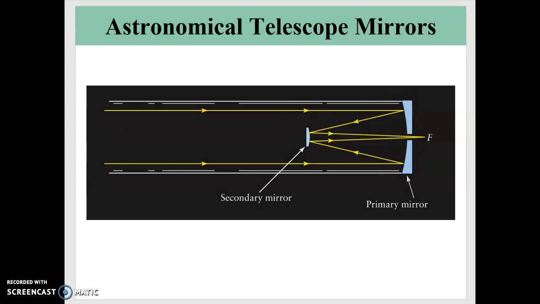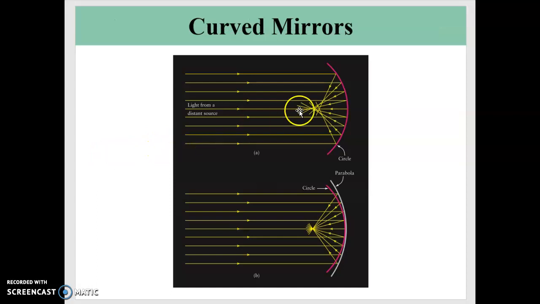And the reason that it's parabolic and not spherical is that with a truly spherical mirror, the light coming in does not actually all meet at exactly the same spot. So these incoming rays can come in and bounce off the mirror, and they will actually not converge at exactly the same point. We call this chromatic aberration. And I'm sorry, spherical aberration. This one is spherical aberration.